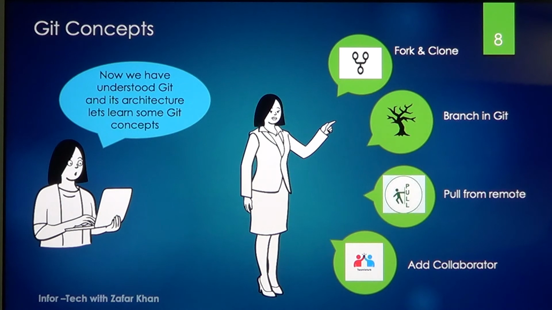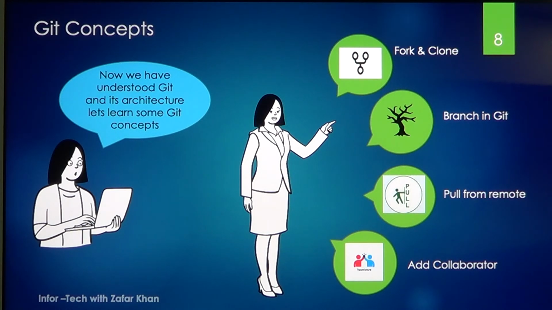When your work is done, then simply merge it with your main branch. In case you don't like the new idea, you can easily discard the changes without affecting the main project. So this is branching.